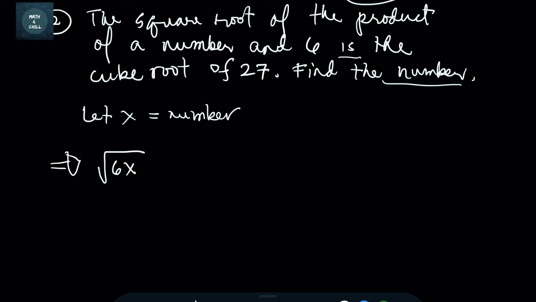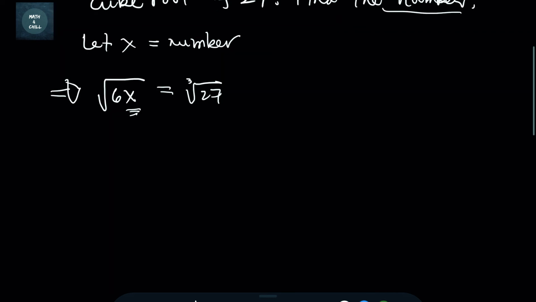Is equal to the cube root of 27. Find the number. So we have to find the number, meaning we have to solve for x. So we simplify this. Let's solve this one. This is equal to the square root of 6x.